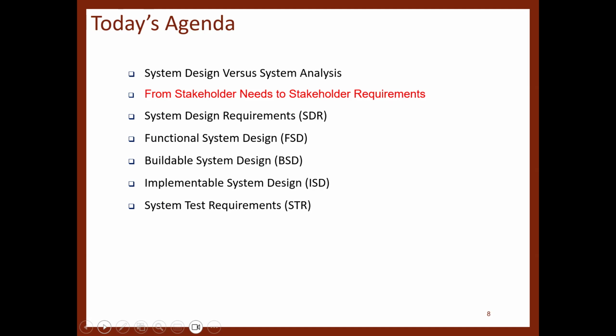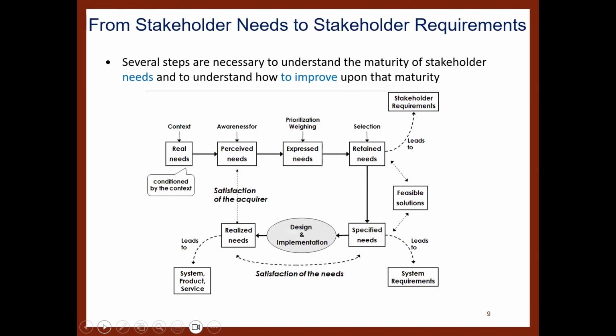So one of the things that we've been doing so far in this class is to define the problem and understand the needs analysis. That was a lecture that we did last time. So now we want to go from those needs, the needs of the stakeholders, to define some requirements for our system. So here's our flowchart.